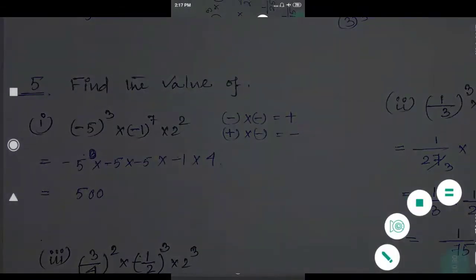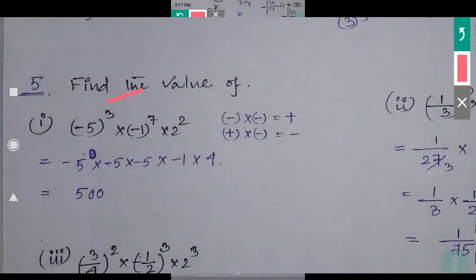So one thing you have to learn first. Suppose minus 7 into minus 2. If you multiply these two numbers, 7 into 2, how much? 14. But here also minus is there, here also minus is there. So these two, minus and minus, will be plus.